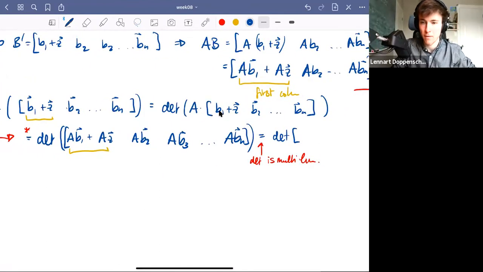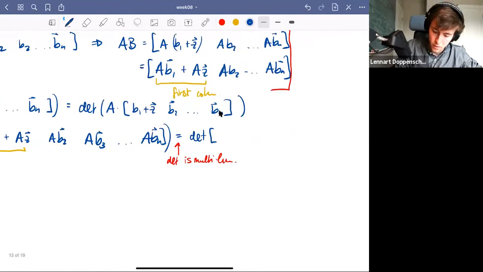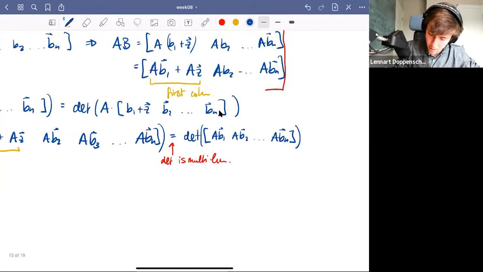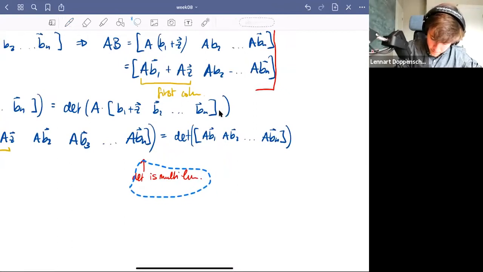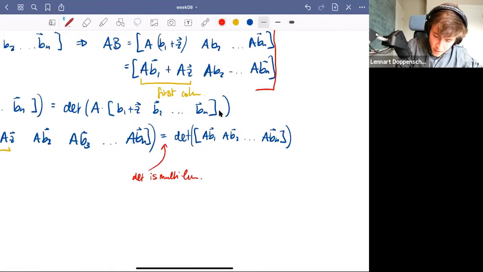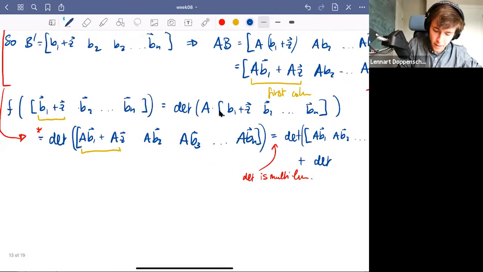It doesn't matter that they come from A and B. So then this is the determinant of AB1, AB2, through ABn, and we have the second term, which has the same remaining columns but the AZ column.